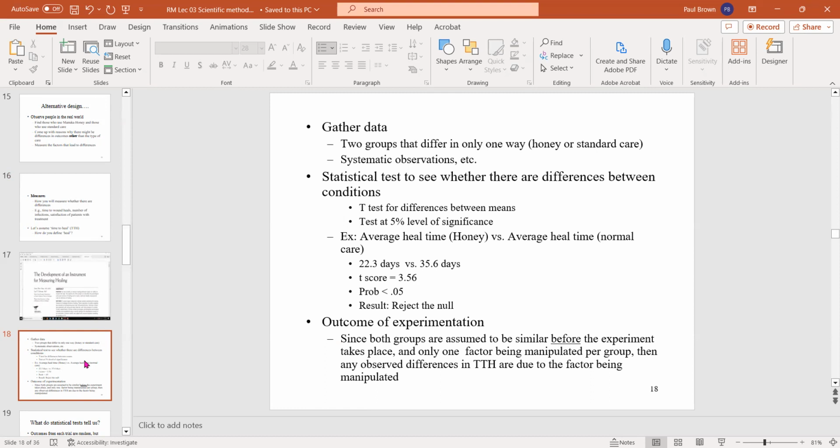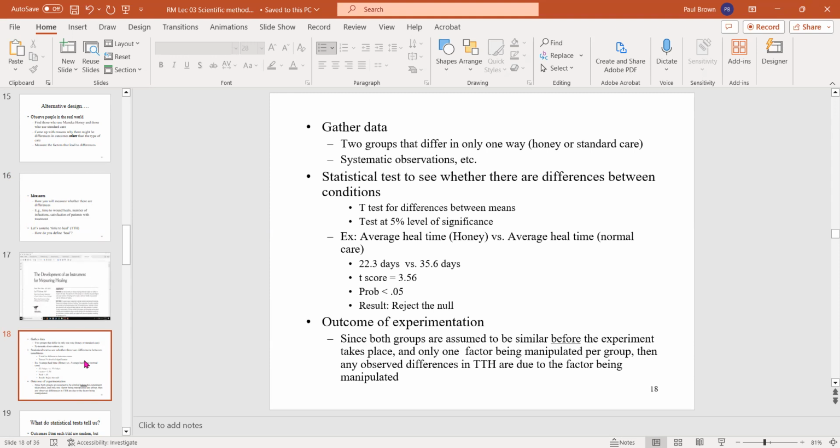Well, it's saying that you've gone out and gathered data, and you found that the average number of days for the standard care is 35.6 days.